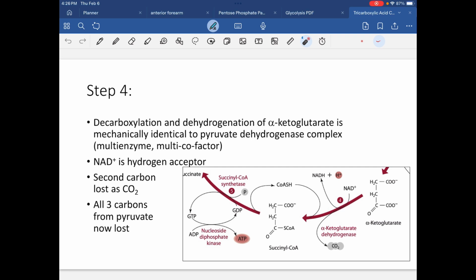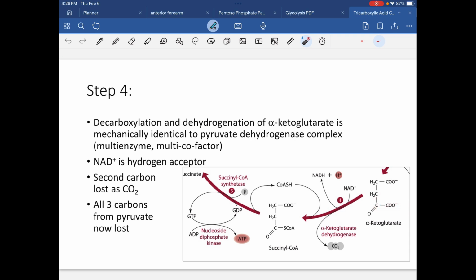So when we do this, we're going to take a coenzyme A. It could be the one from earlier. It could be a different one. Doesn't really matter, but we're going to attach it to the bottom here. And that's important for the next step. Once again, we're going to lose another CO2.